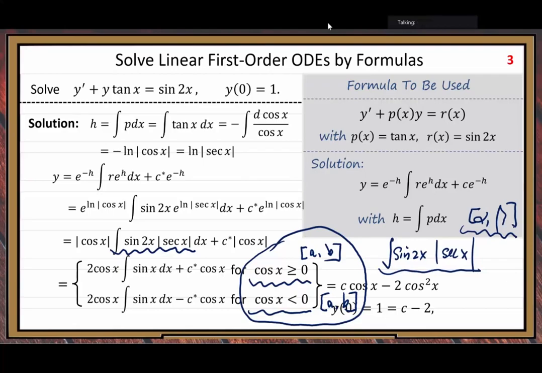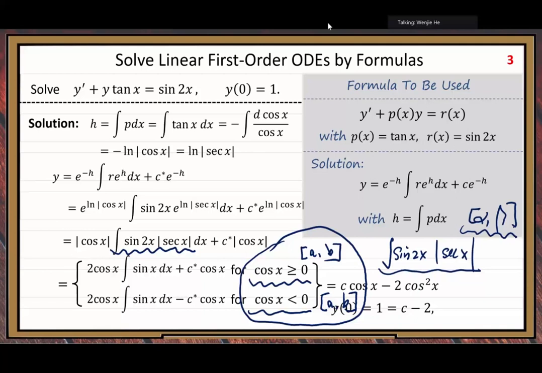Then you cannot remove this absolute value, and you cannot write these two forms. Inside your interval, you need to divide into two parts.